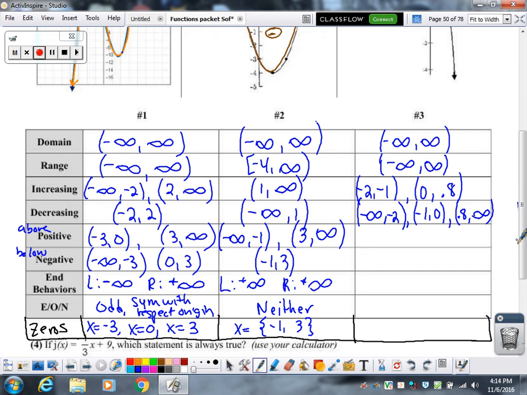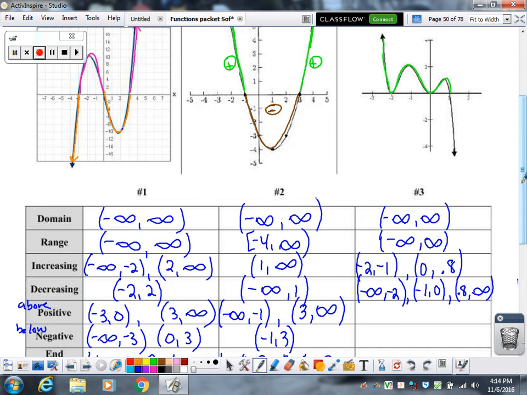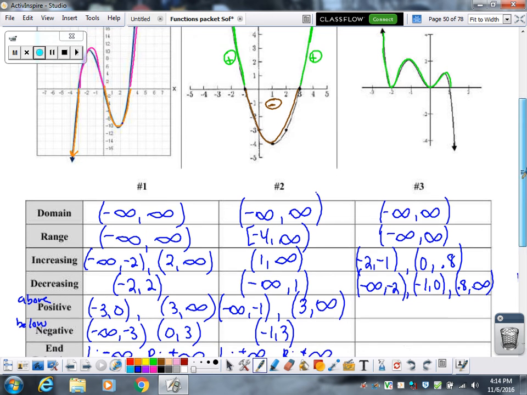You want to be careful because we're not looking for where it is equal to 0, so we cannot include -2, we cannot include 0, and we cannot include 1. But we can include all the numbers that are between there and negative infinity on the left-hand side. There's 2 ways of writing that.